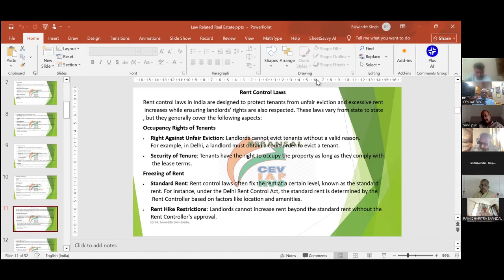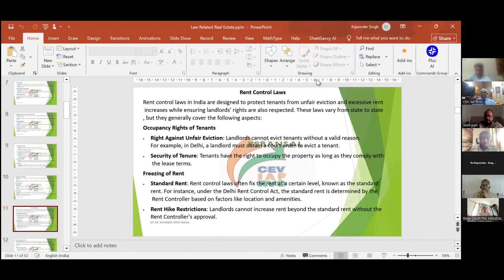He cannot change the flooring from TC flooring to vitrified tile flooring. He cannot change doors and windows, materials of the doors and windows. He cannot change certain things. So if he does some material change, he may be evicted on this basis.